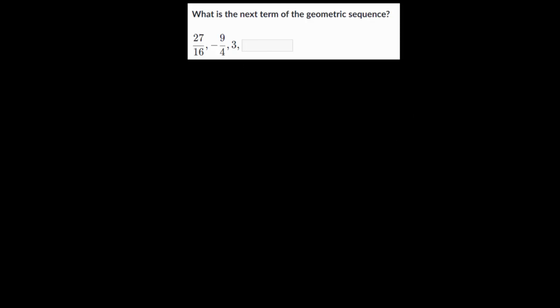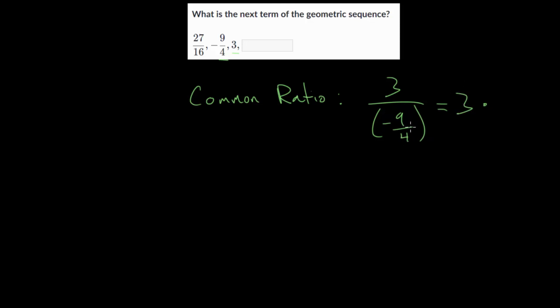So we can choose any two numbers we want to find our common ratio. And I would just recommend using the smaller numbers. So maybe take 3 and divide it by this -9/4. So our common ratio, we always take one term and divide it by the term before it. And since we're dividing by a fraction, this is the same thing as multiplying by this fraction flipped over.